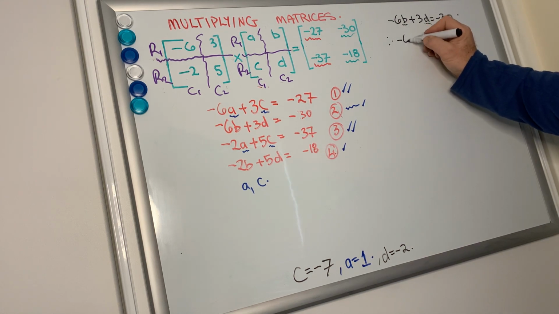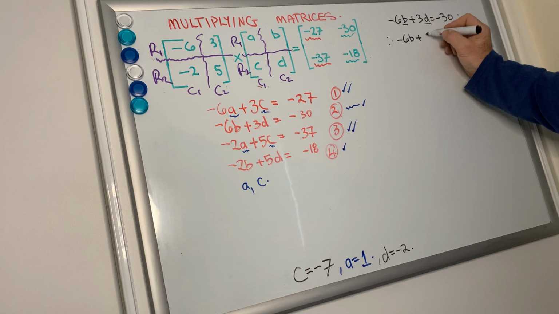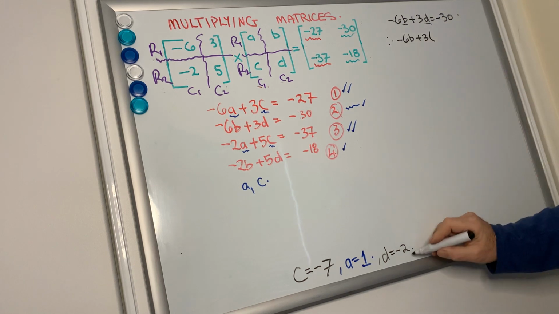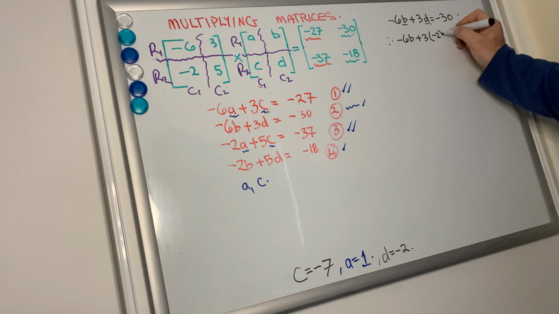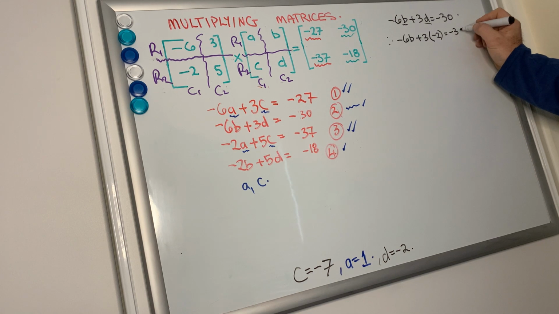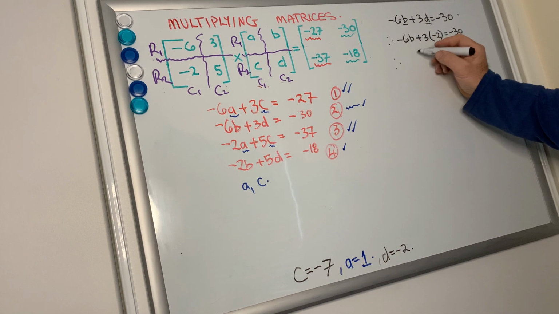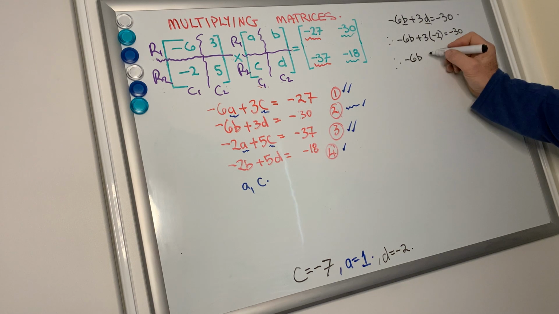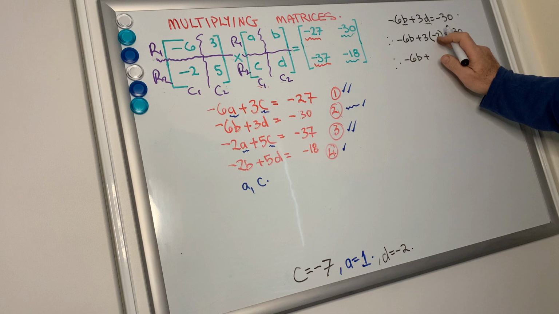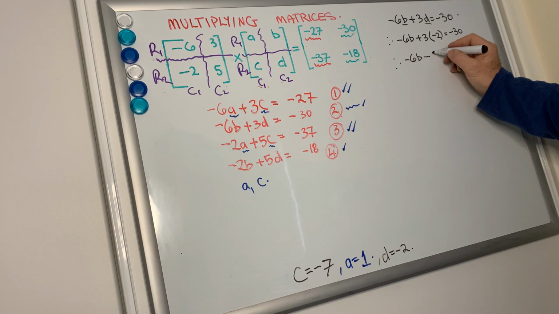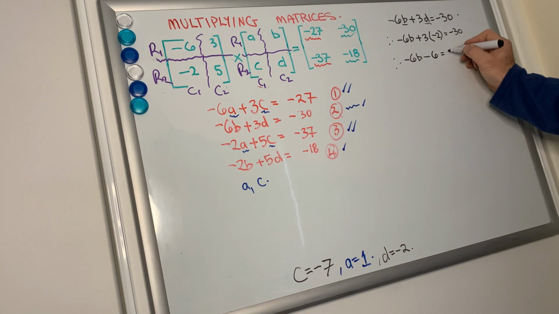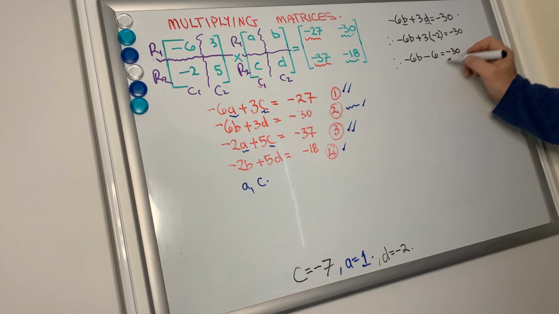So minus 6b plus 3 times minus 2 is equal to minus 30. Now remember, a plus times a minus is a minus, and 3 times 2 is 6, so minus 6b minus 6 equals minus 30.